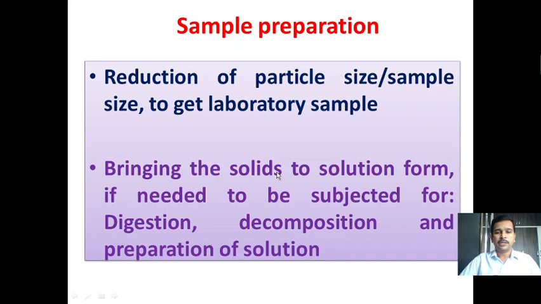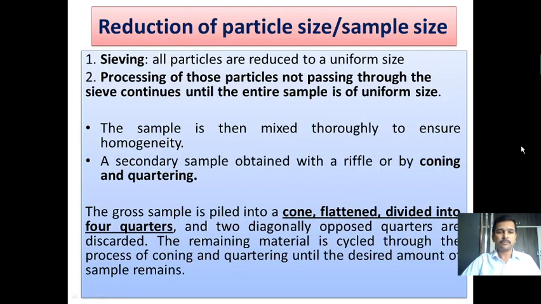If needed, to convert these solids to solution form, we may follow digestion or decomposition steps, and then finally convert them into solution state. Therefore, we convert the collected sample into a laboratory sample, which means sample size reduction, and the laboratory sample has to be subjected to digestion, decomposition, and then preparation of the solution.